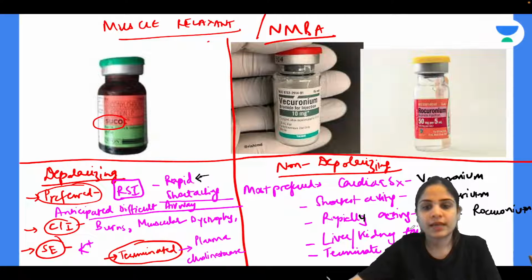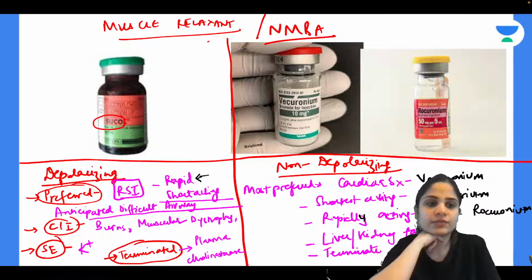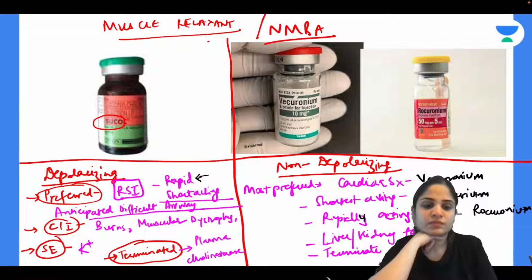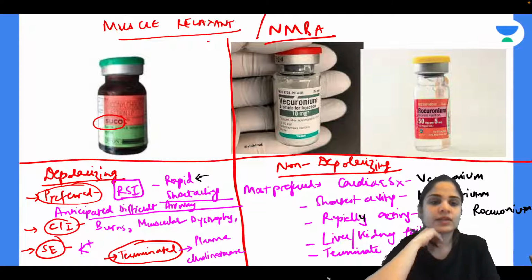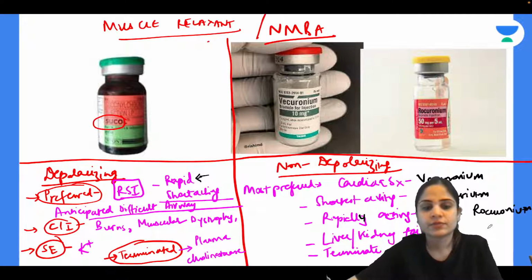And in case of liver and kidney failure, what is the non-depolarizing agent that you will prefer to give?